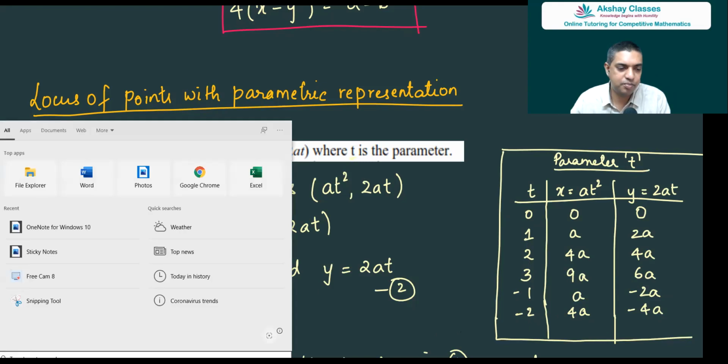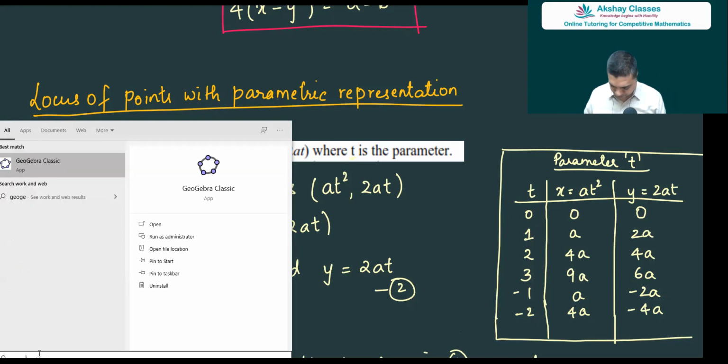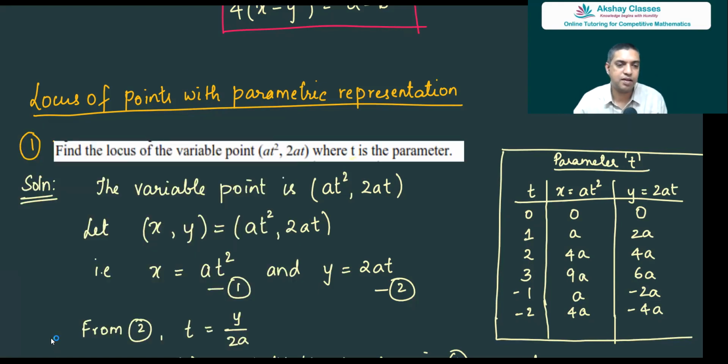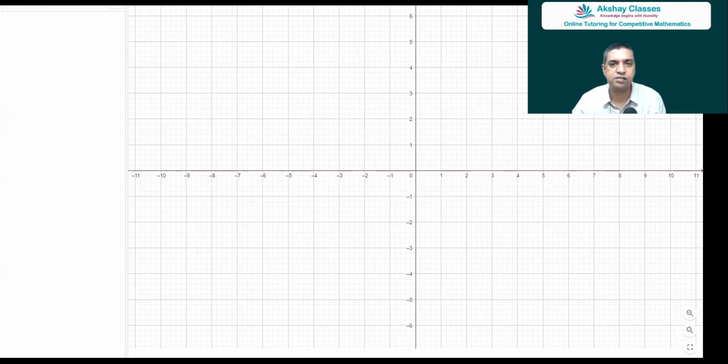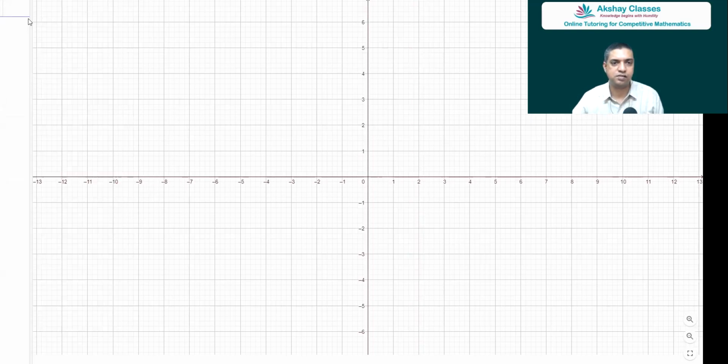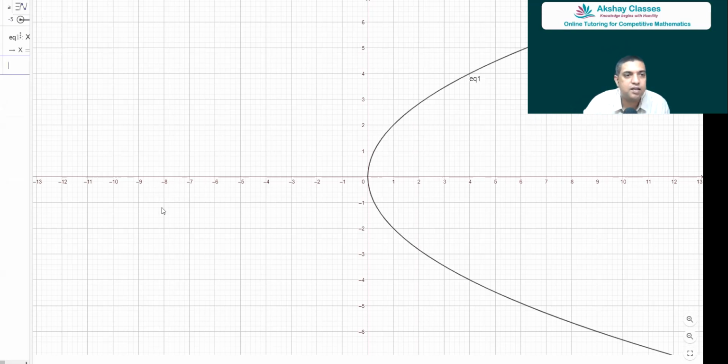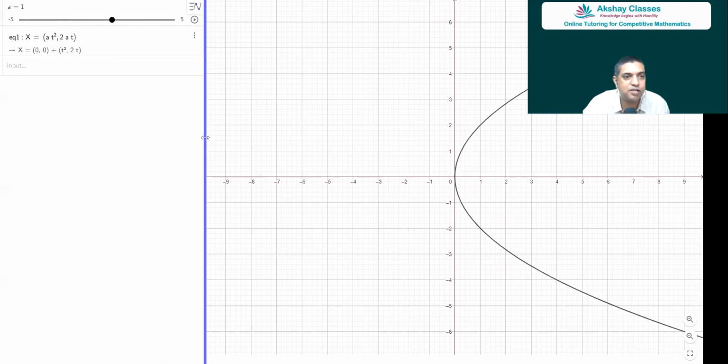Let's see if I can demonstrate this. The point (at², 2at). It has already plotted it.